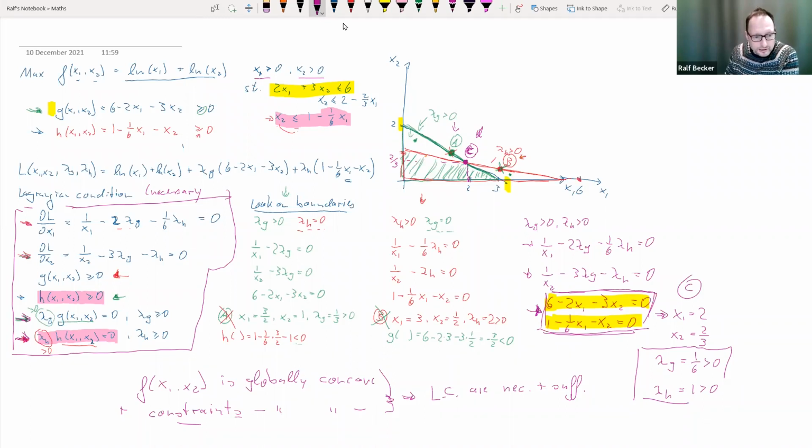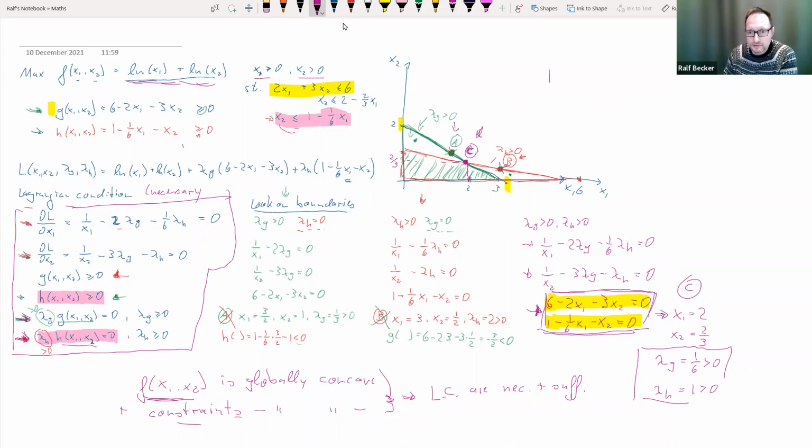What about the function? Is that globally concave? If you look at that function, it's a logarithmic function. If you can picture it, you possibly realize immediately it is concave, but you could calculate the Hessian.